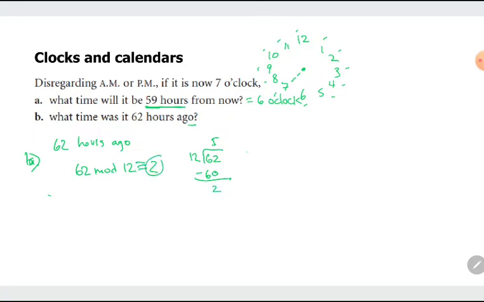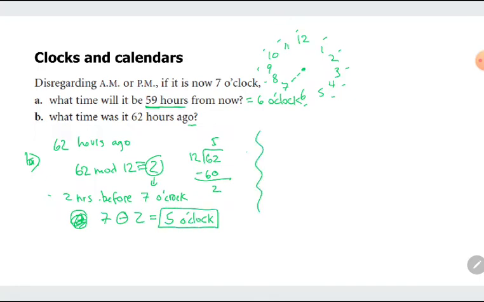So this is not your final answer yet. So 2 hours before 7 o'clock. In symbol form, sorry, 7 minus 2. 2 hours before is 5 o'clock. 5 o'clock is your answer.